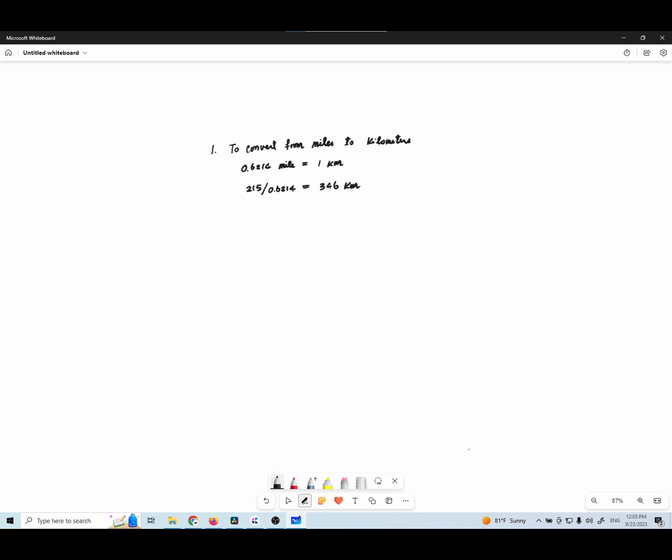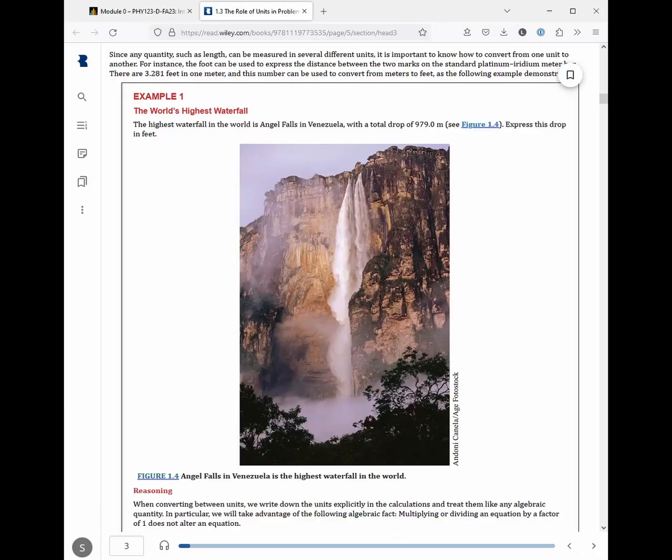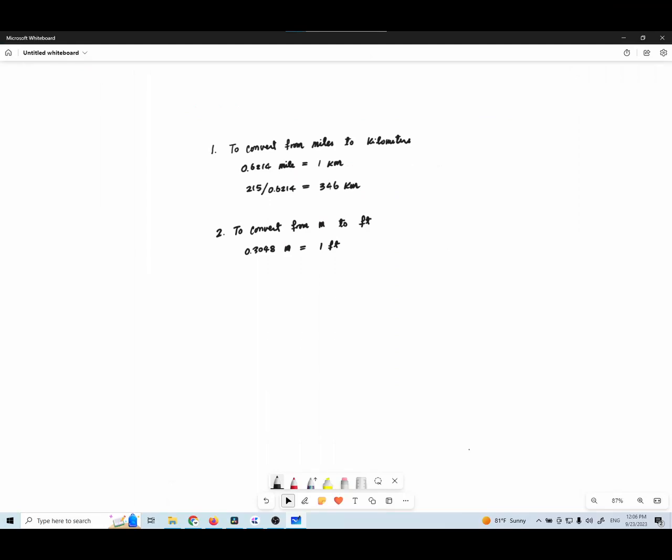In the same way, we can convert from meters to feet. For example, in example number 1 of chapter 1, we are asked to express 979 meters in feet. Since it takes 0.3048 meter to make 1 foot, 979 meters will be equal to 979 divided by 0.3048, and that will be 3,212 feet.